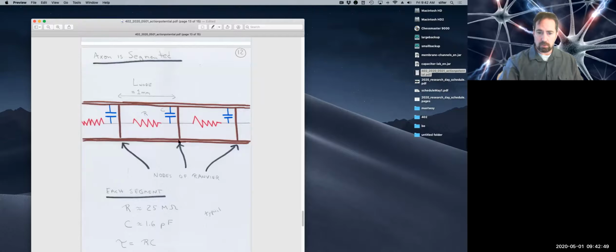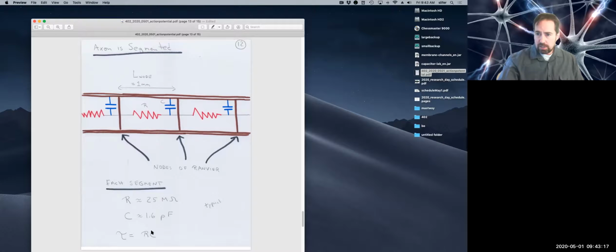So each one of these segments is about 1 millimeter long. Again, they're separated by these nodes of Ranvier, and each one of the segments has a resistance of about 25 mega ohms, 10 to the 6 ohms, and a capacitance of about 1.6 picofarad. Both of these numbers are a little bit different from an individual cell. The capacitance in particular is much smaller than the capacitance we saw for an individual cell.